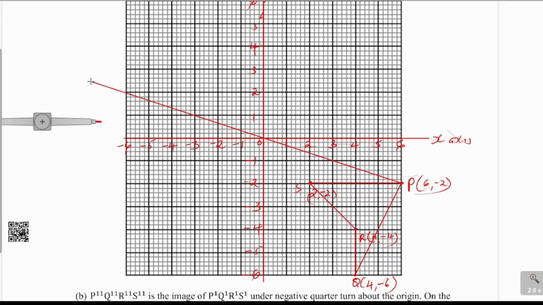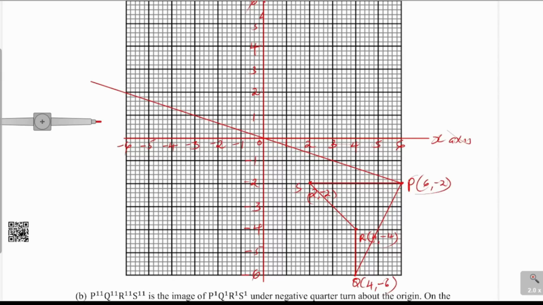Now to get the image of P, you've joined P to the center of enlargement using a straight line. The scale factor of enlargement is -1/2. The easiest way is to count the number of squares. From P to the origin, how many squares are these? 1, 2, 3, 4, 5, 6. There are 6 squares.